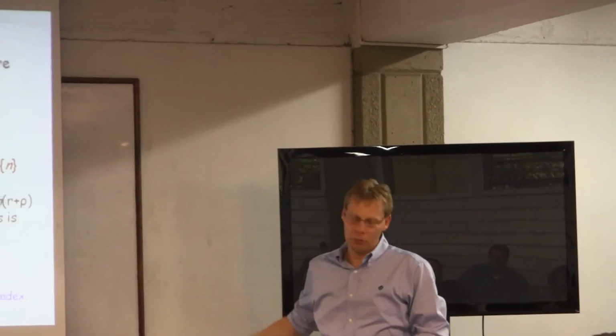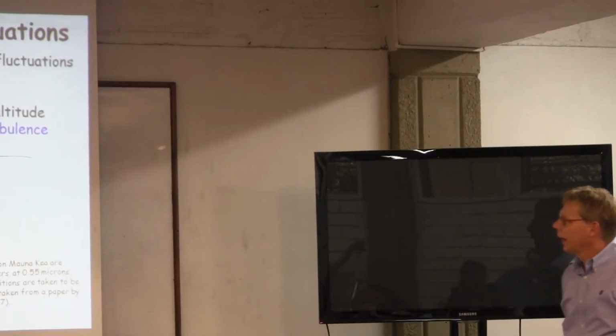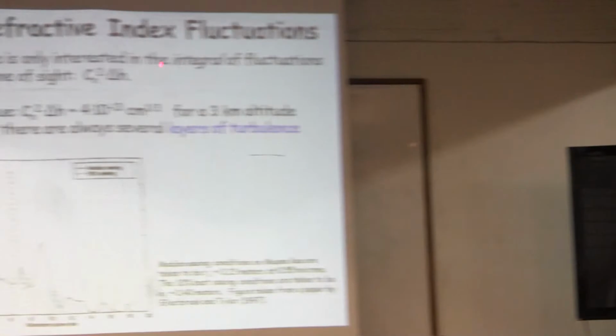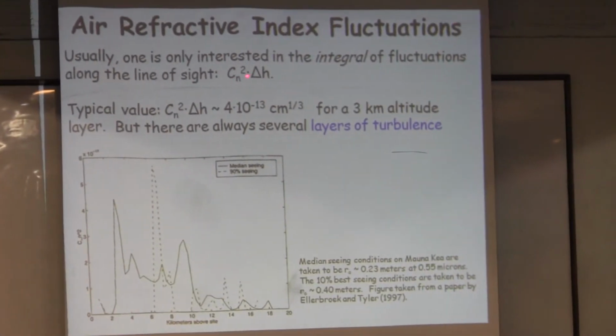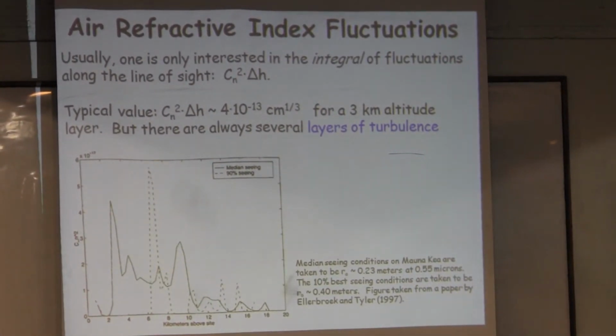So you want this to be small. And usually you're only worried about the total integrated along the line of sight. Typical value here, don't worry about it. There will be no test asking about the refractive index constant here. This is a difficult subject, and I don't expect you to get this in this crash course immediately.